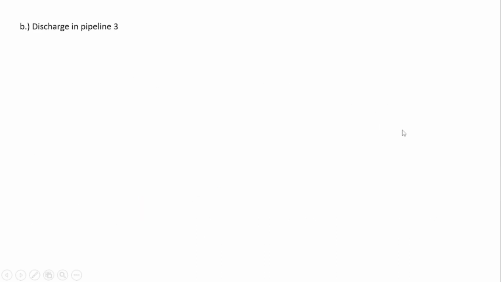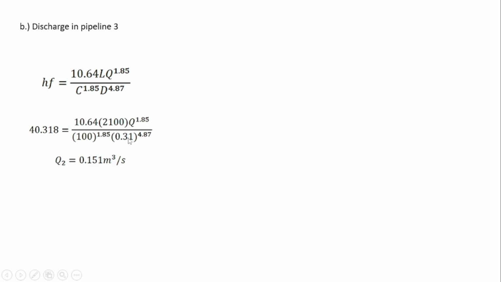So the discharge in pipeline 3. Using the formula 10.64 L Q raised to 1.85 all over C raised to 1.85 times D raised to 4.87, since we now have the value of the major head loss 2, we can solve for the discharge in pipeline 2.